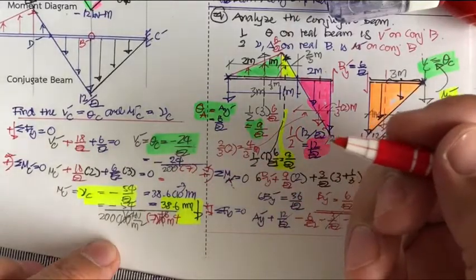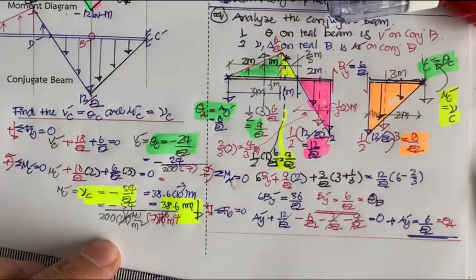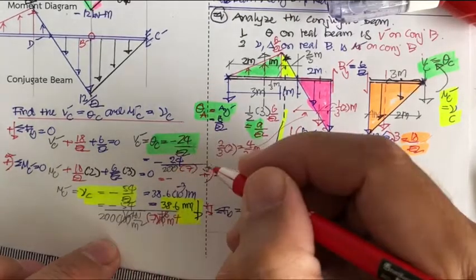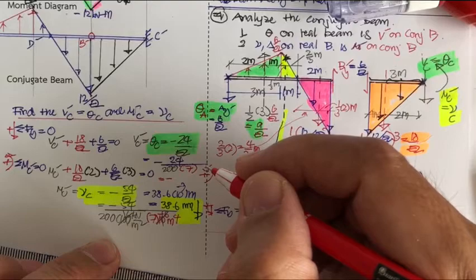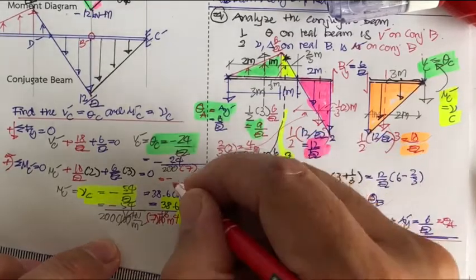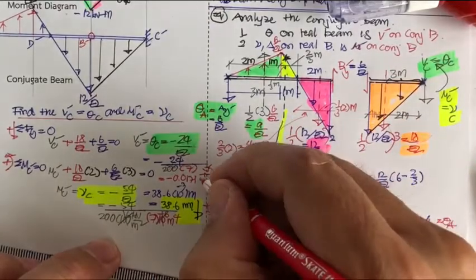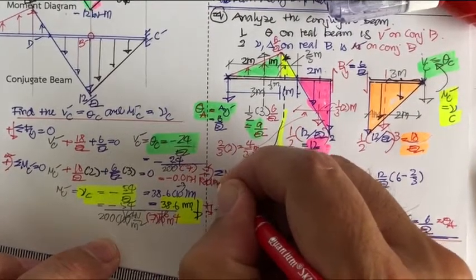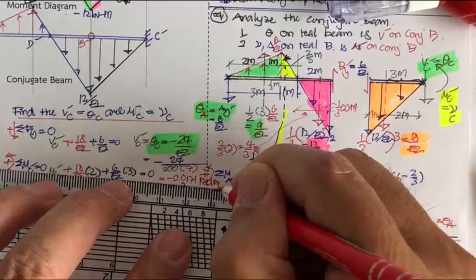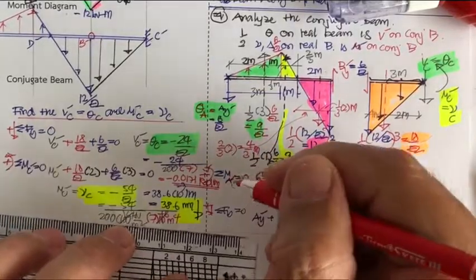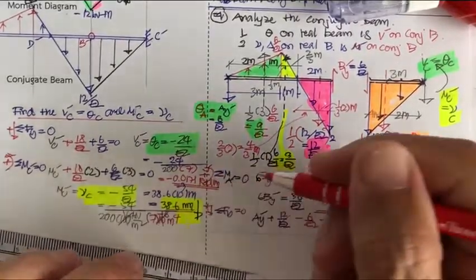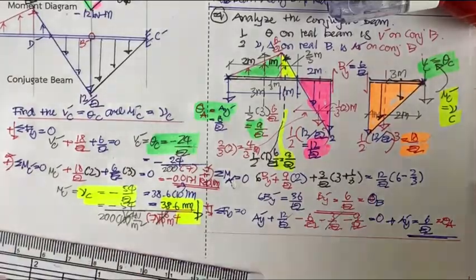How much do we get? Minus 0.0171, and it's going to be in radian. Okay, this is supposed to be a double cross line, and then you get this.